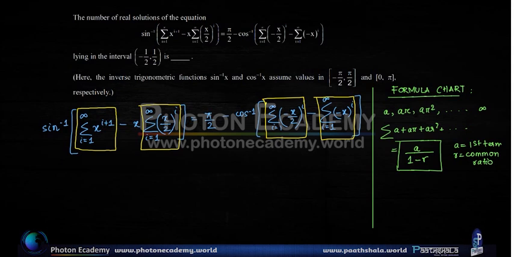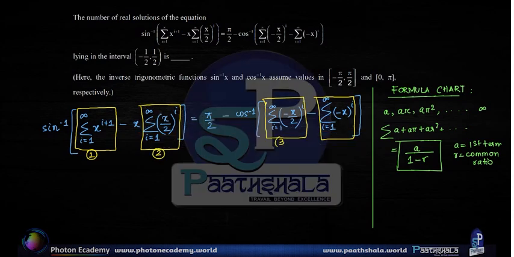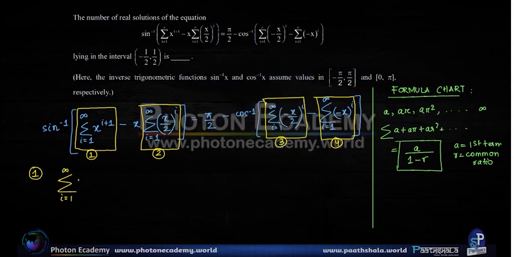Doing that, if we denote these by 1, 2, 3, 4, we have the first term as summation i = 1 to infinity of x to the power i plus 1, which is equal to x square plus x cube plus up to infinity.